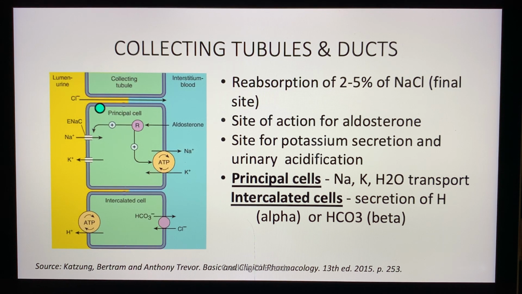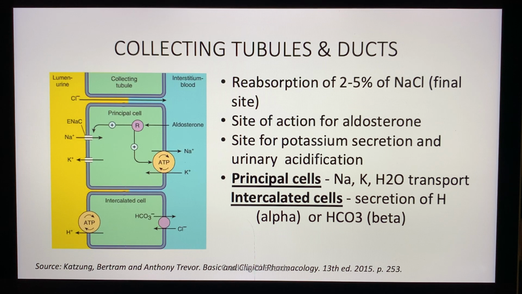Now, take note of these cells. We have the principal cells, and we have the intercalated cells. The principal cells would be responsible for the transport of sodium, potassium, as well as water. The intercalated cells is for the secretion of hydrogen and bicarbonate.